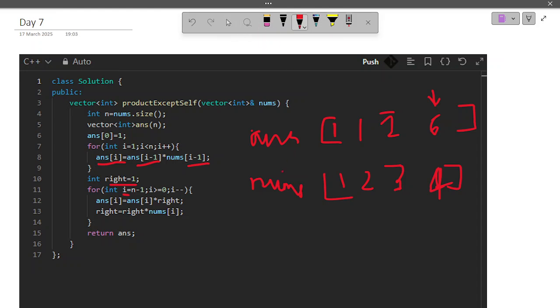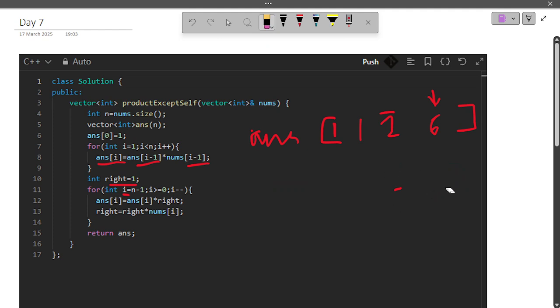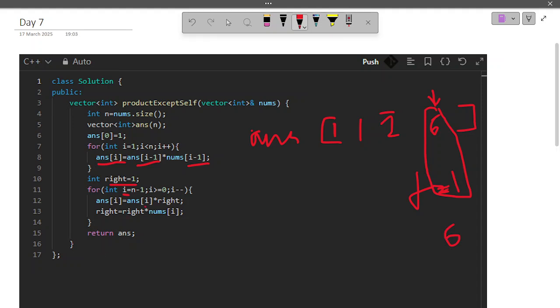So here the right is 1. So we multiply this and it becomes 6. Now what happens, we do right equals right into nums of i.